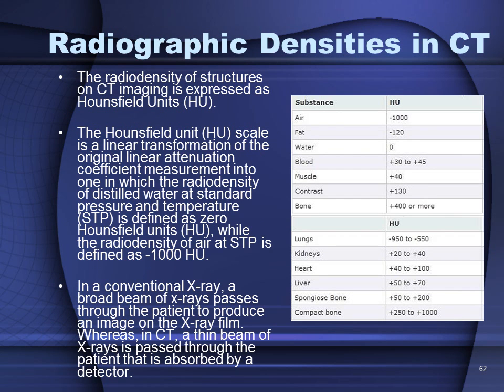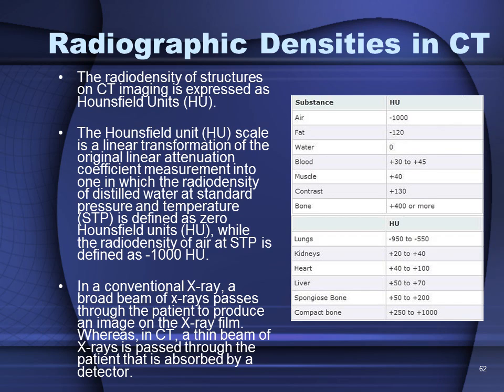Just as with plain X-ray films, CT scanning also involves various radiographic densities. These densities in CT imaging are expressed as Hounsfield's units, or HU, with air being least dense and compact bone being most dense, with a variety of tissues in between containing different amounts of water.